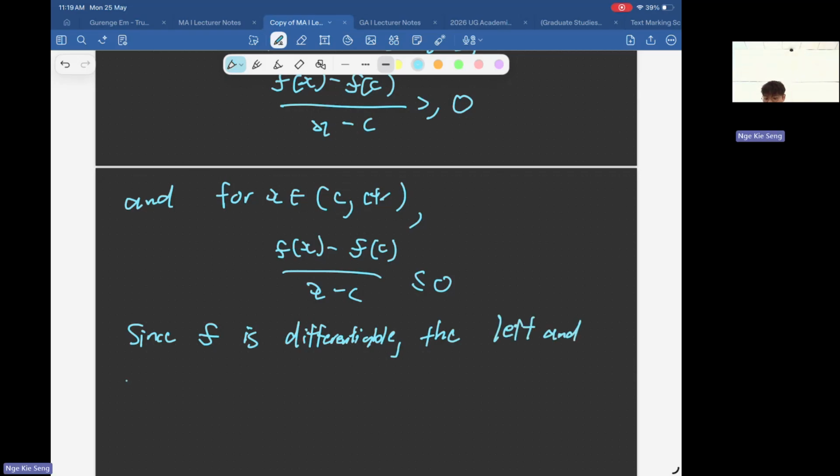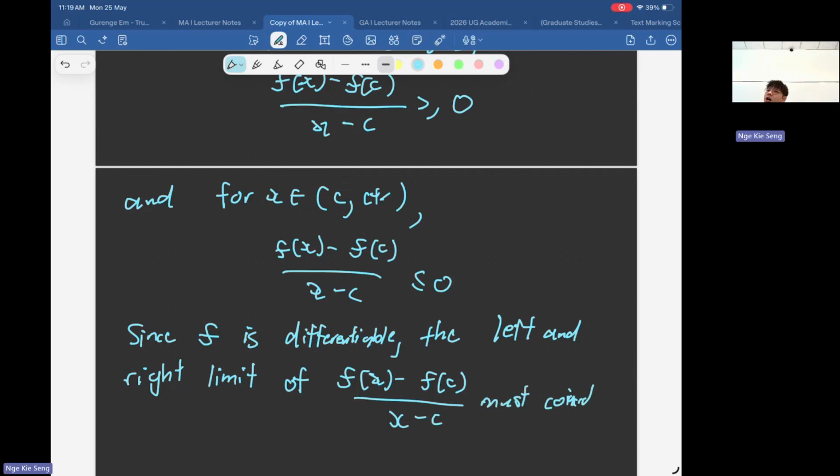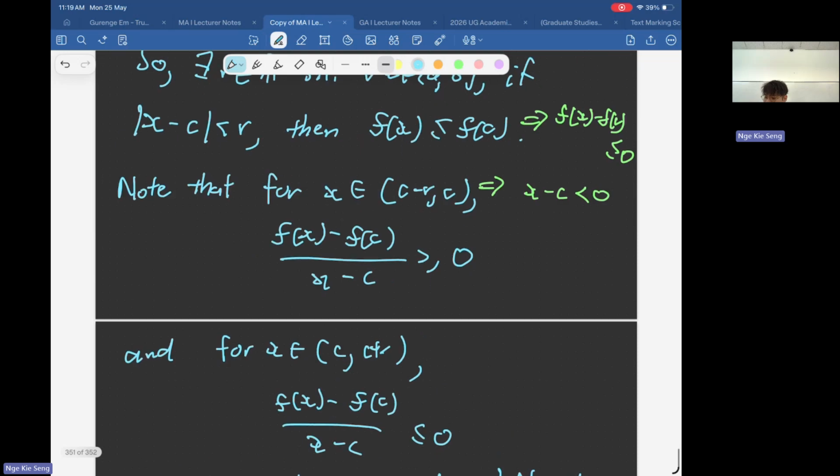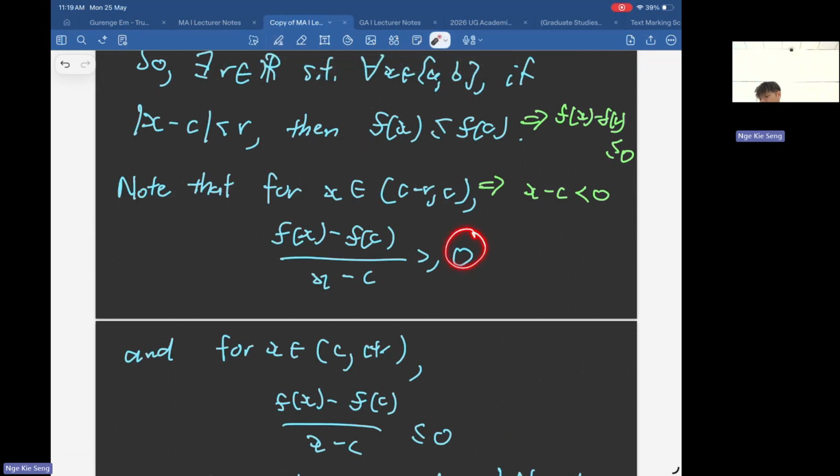If they have to coincide, what should their limit be? I think this relates to the exercise that Haoran did in our tutorial. You cannot converge to something strictly positive, and you cannot converge to something strictly negative, because on one side you need to always stay above.